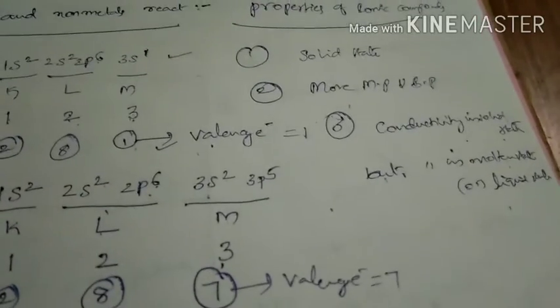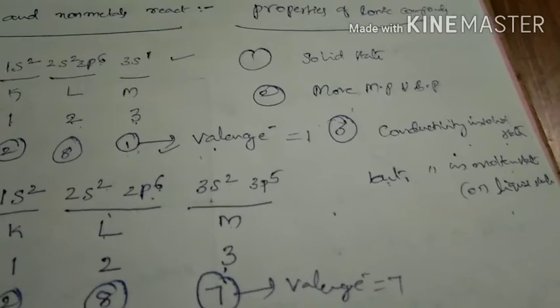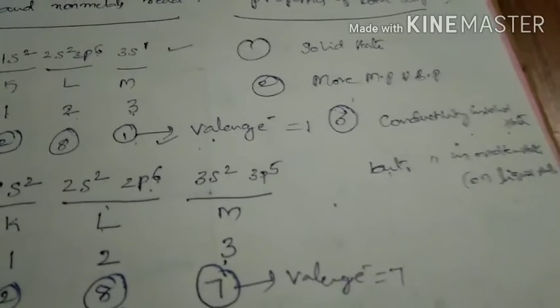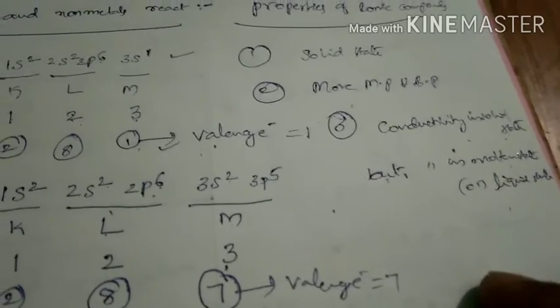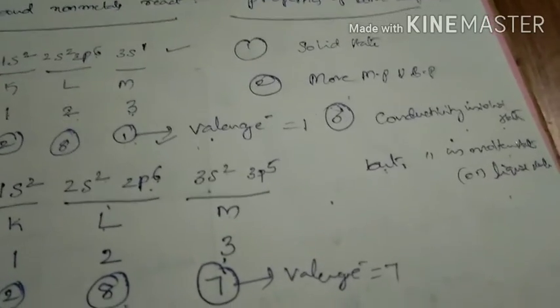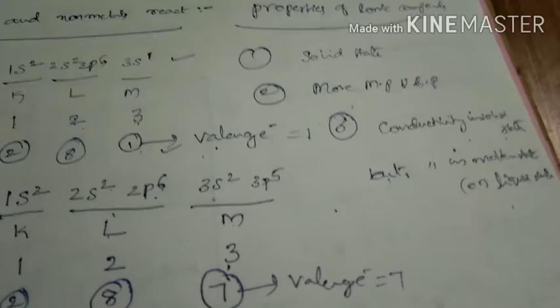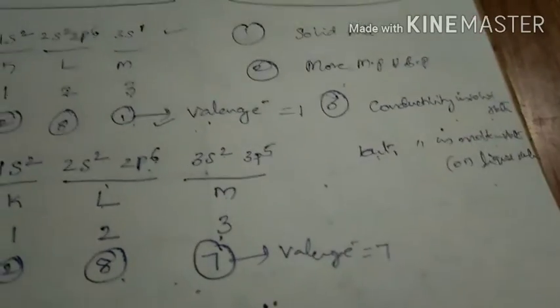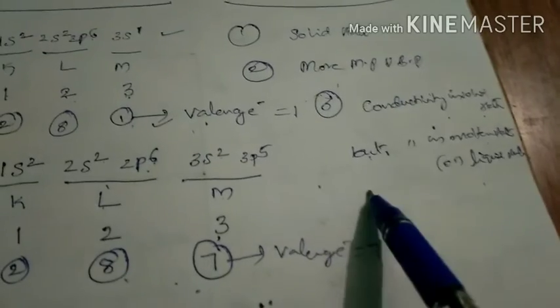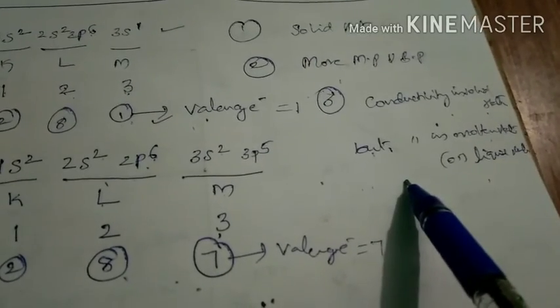But if you take that salt in a glass of water, pass electricity to that glass of water and touch it, then we get an electrical shock, because in that glass of water free sodium ions and chloride ions are present.